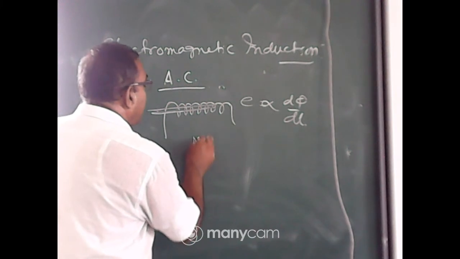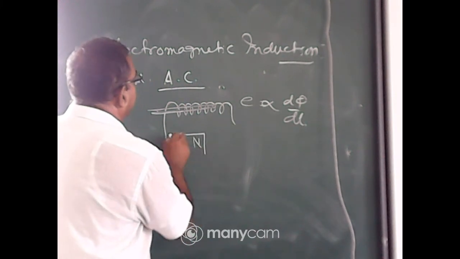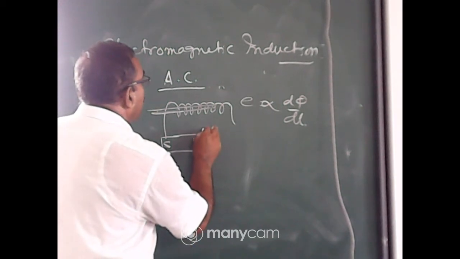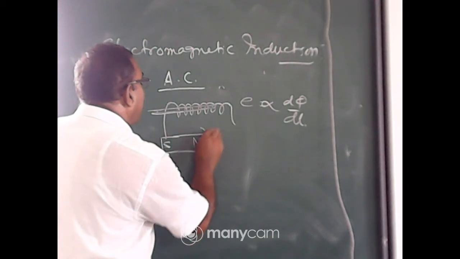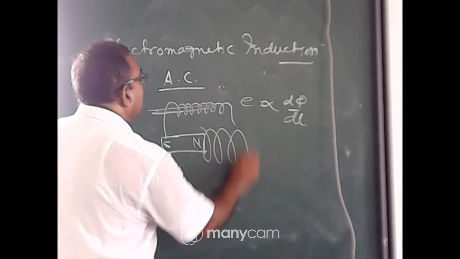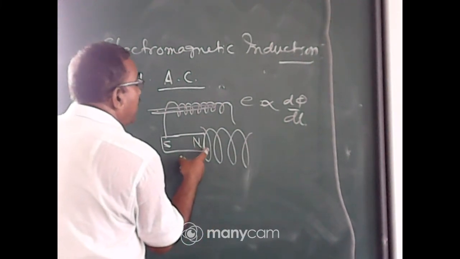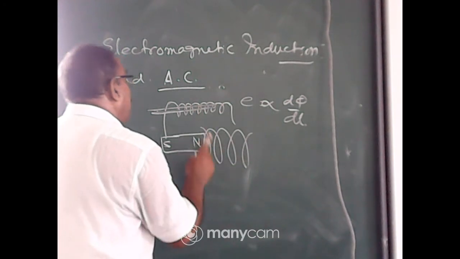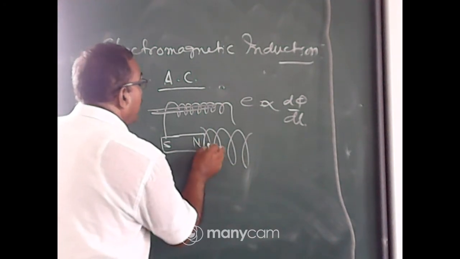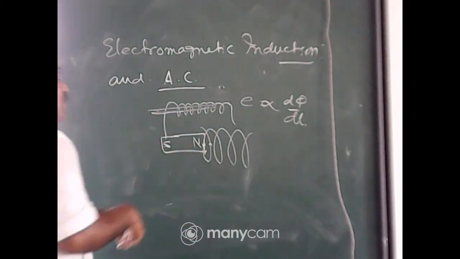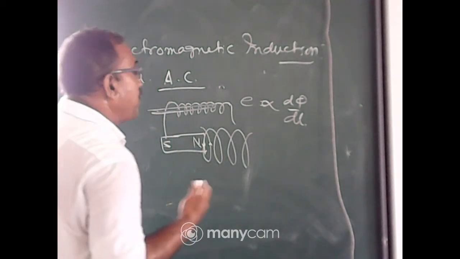If you consider the north pole of a magnet, just put it nearer to the coil. The direction of the induced current will be anticlockwise. Next part.